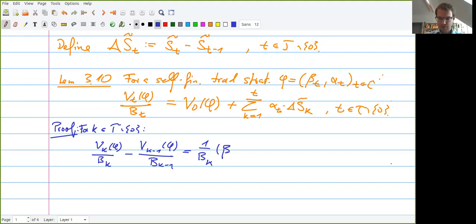This is what we buy at time k, so this is beta k plus 1 multiplied with B k, plus alpha k times S k, minus the discounting factor B k minus 1, now the same: beta k plus alpha k times S k minus 1.